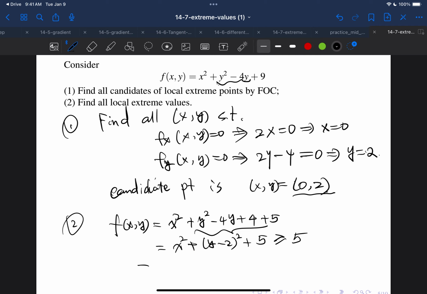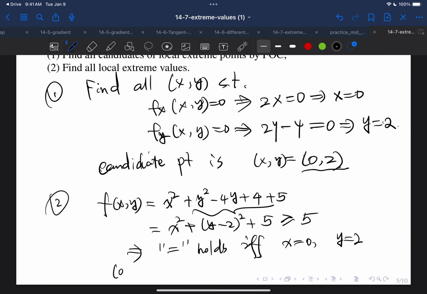So the equal sign holds if and only if the first term is 0, and the second term is 0, so y equals 2. So at x equals 0, y equals 2, you are going to have 5, which is the minimum because it is less than or equal to any other points. So the conclusion is (0, 2) with value 5 is the global minimum.